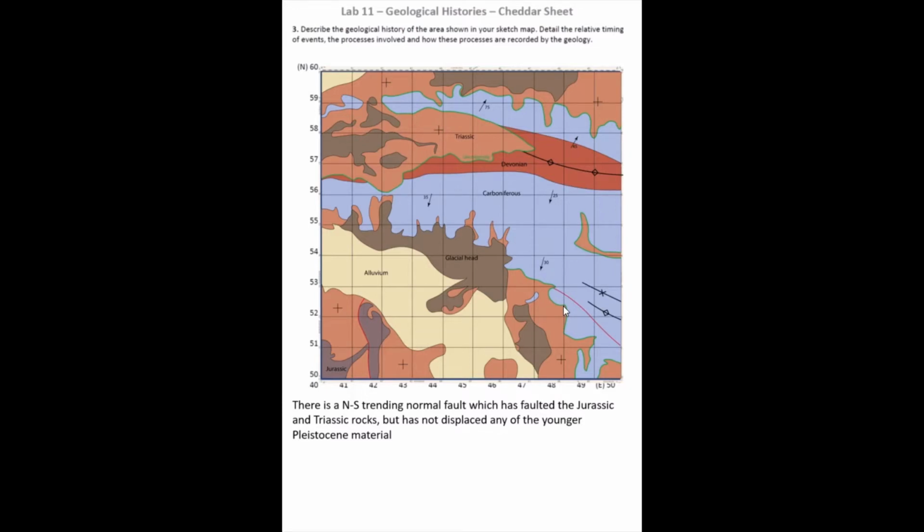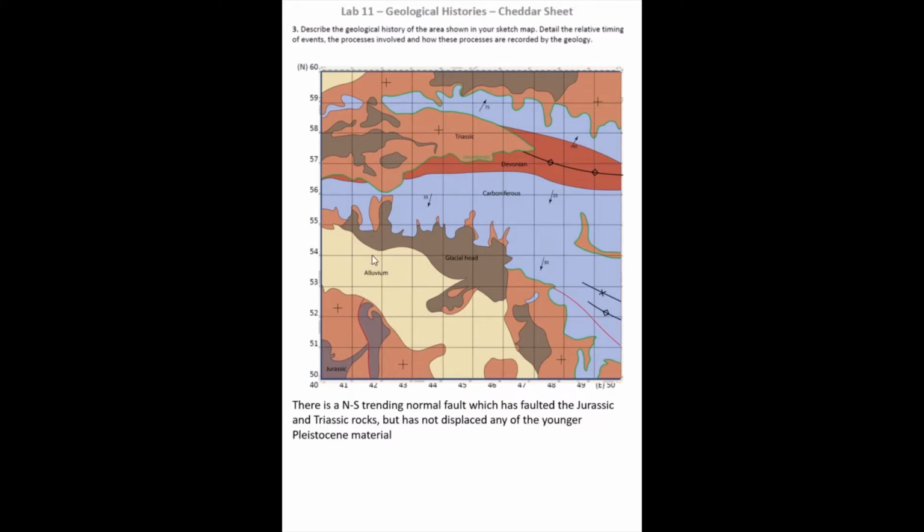Then what you can see in the southwest of the area, there's this north-south trending normal fault, which has faulted the Jurassic and Triassic rocks, but hasn't displaced any of the younger Pleistocene material. It hasn't moved any of this glacial head.